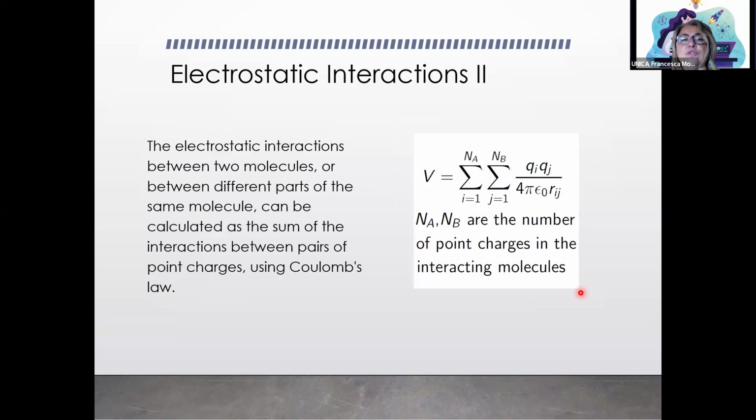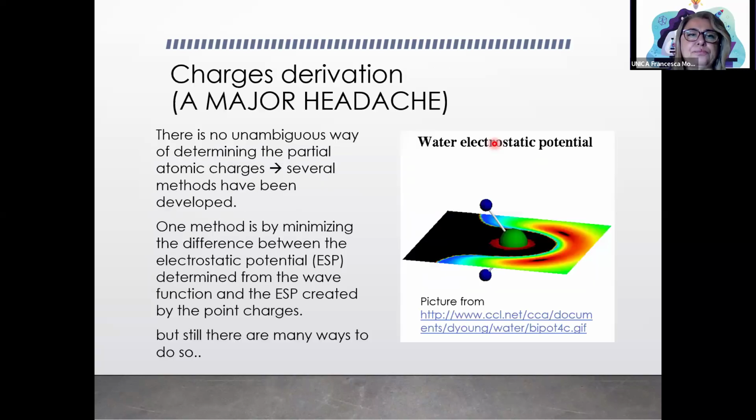The electrostatic interaction between two molecules, or between different parts of the same molecule, is then calculated as the sum of the interactions between pairs of point charges using Coulomb's law, using this mathematical expression.